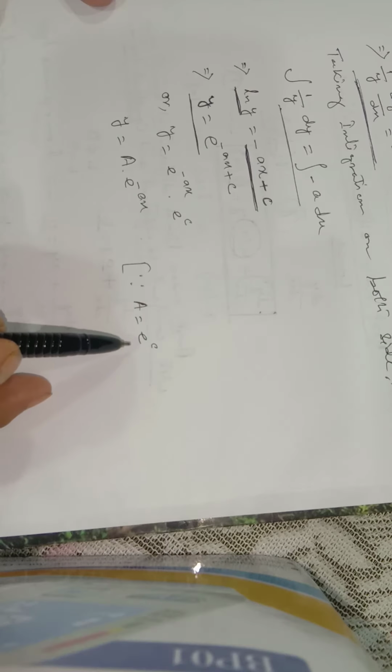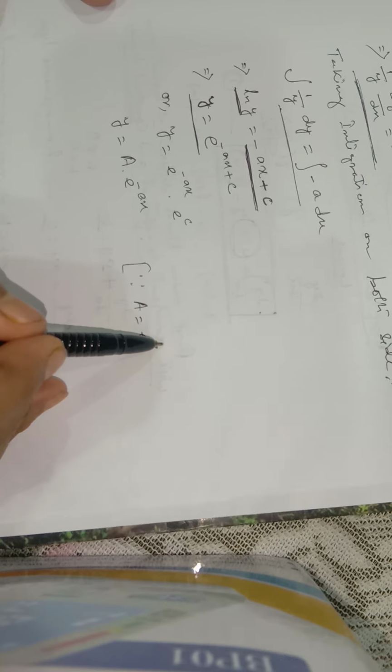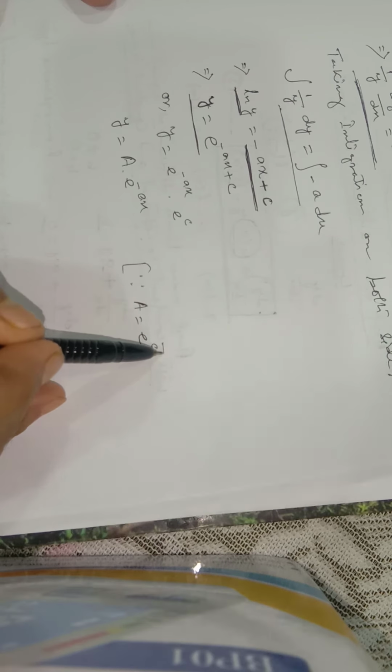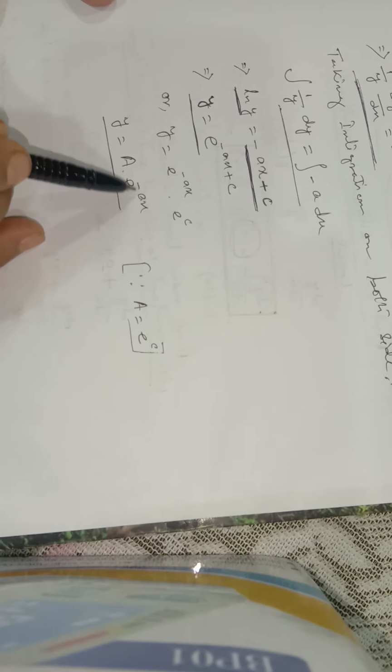So e is an exponential function that takes a constant value, and c is also a constant, so e to the power c also becomes a constant. Now the final equation that we get is y is equal to a into e to the power minus ax.